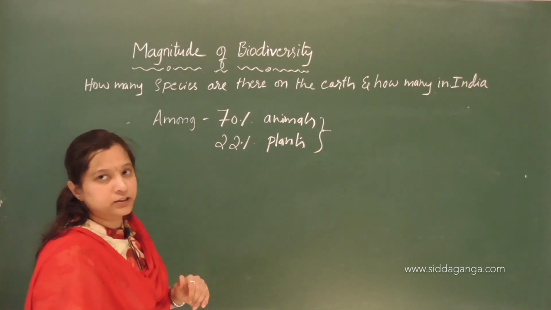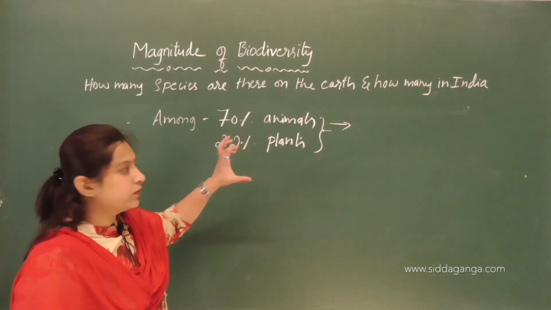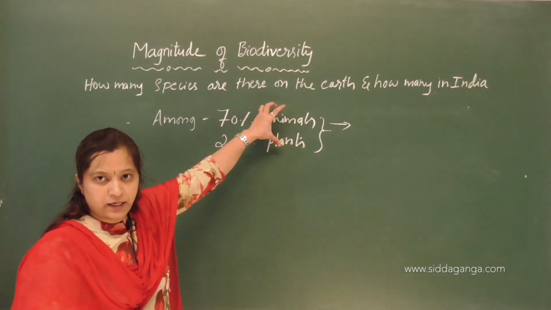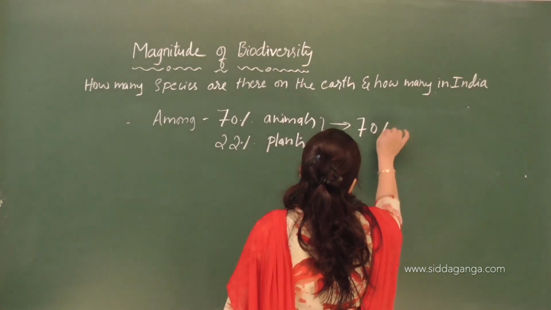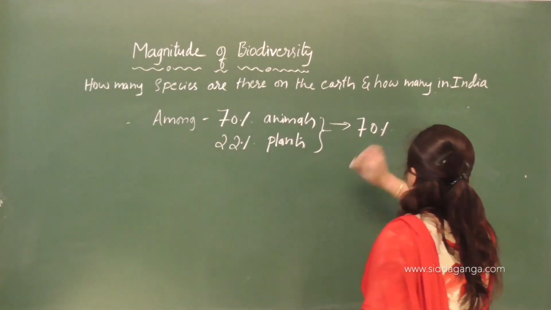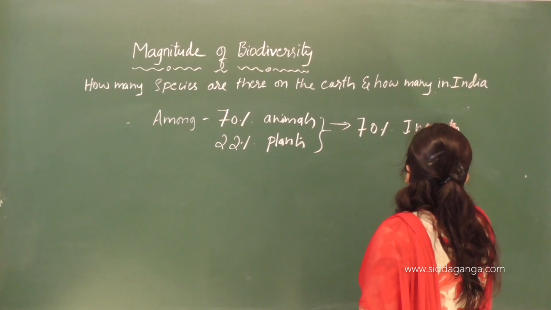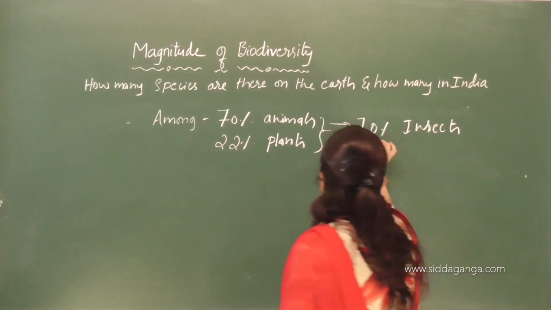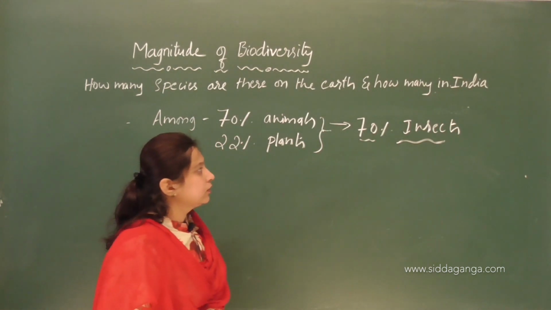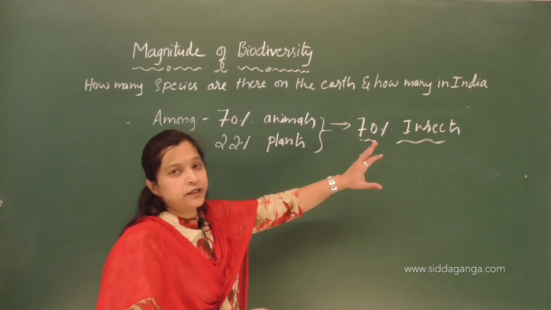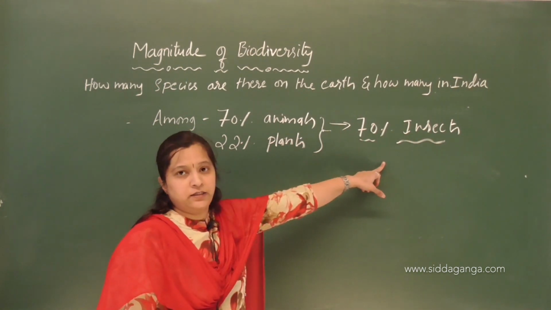And among animals, of the total 70% of the discovered species that are animals, 70% of the discovered species of animals are the insects. Compared to all other animals, the majority of the animals which have been discovered and described are the insects.